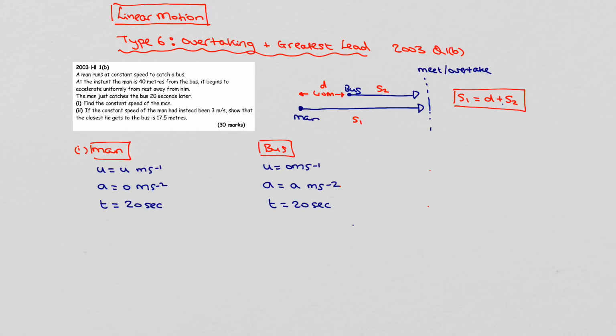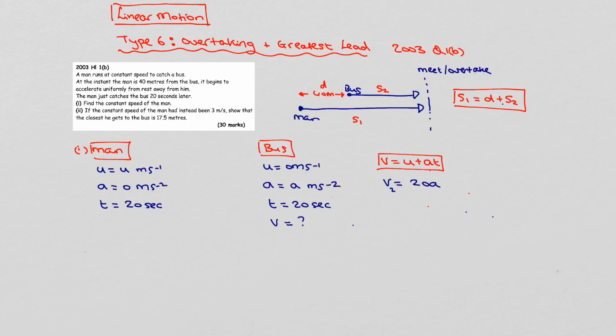We don't know the final velocity just before he catches up. V is equal to U plus AT, so V is equal to 0 plus AT, which is 20A. So that would be V2.